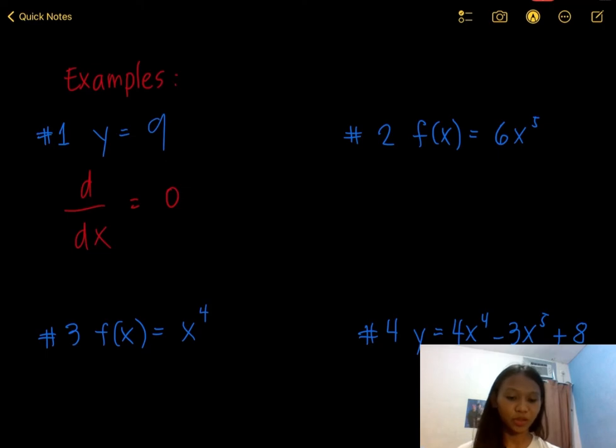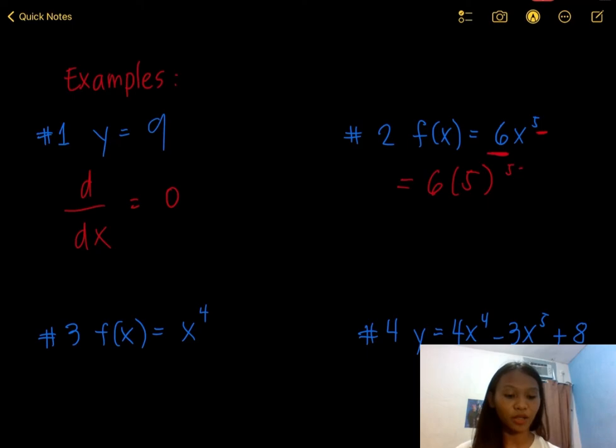Now let's proceed to number 2, which is f of x is equal to 6x to the power of 5. As I told you earlier, we have to multiply the coefficient first to the exponent. So 6 multiplied by 5, and then after that we have to subtract 1 from the exponent, which is 5.